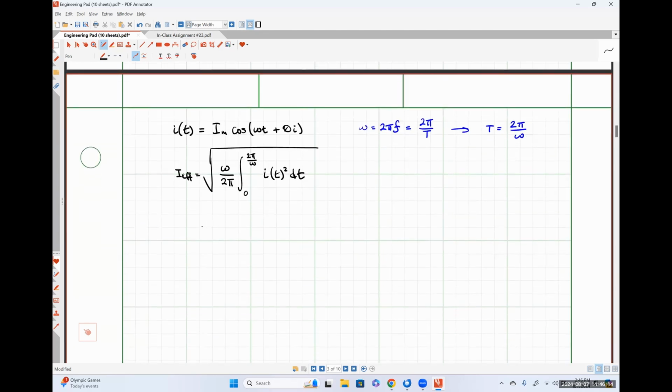Now I'm simply going to substitute in i squared. So that's going to look like 1/2 I_m squared plus 1/2 I_m squared cosine of twice omega t plus twice theta_I.